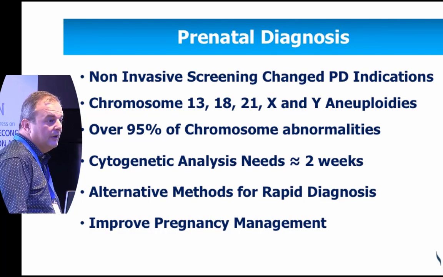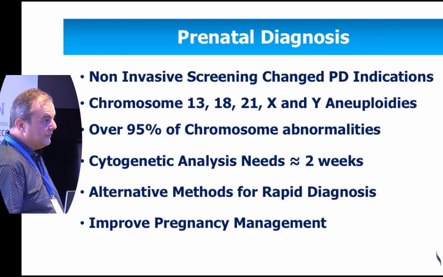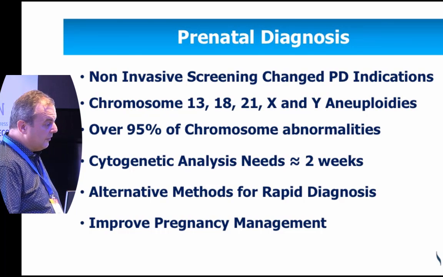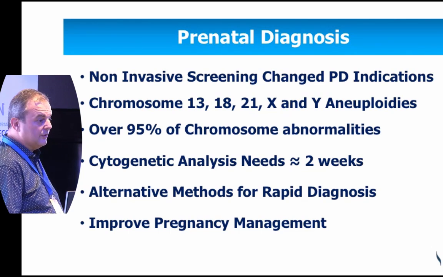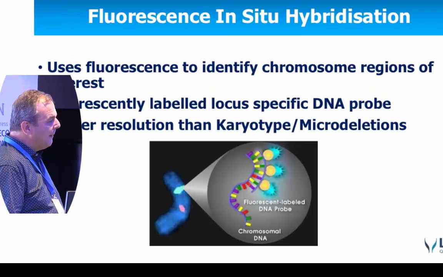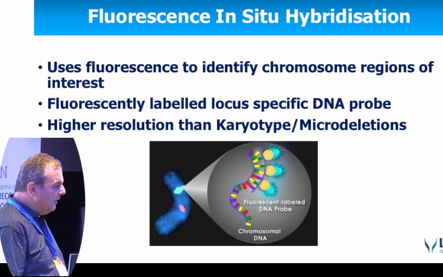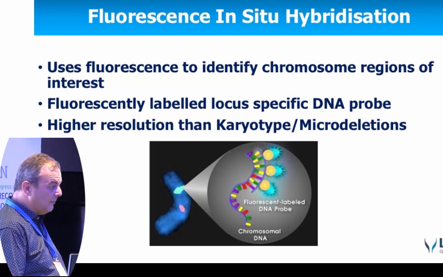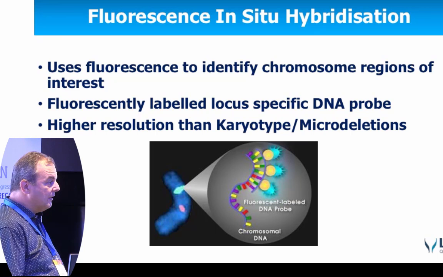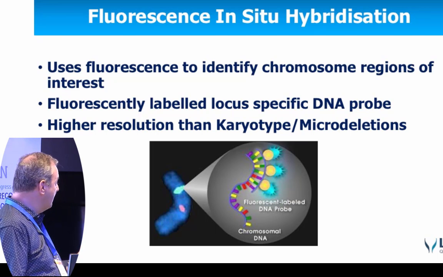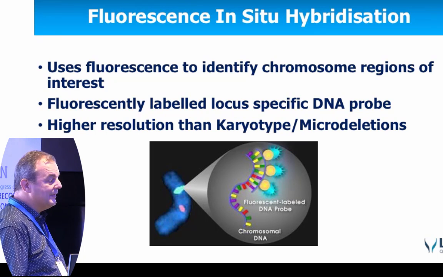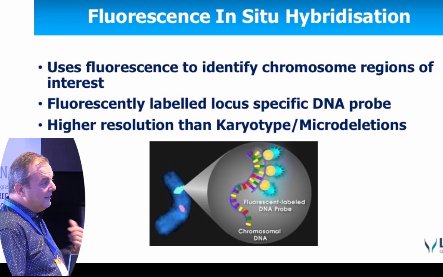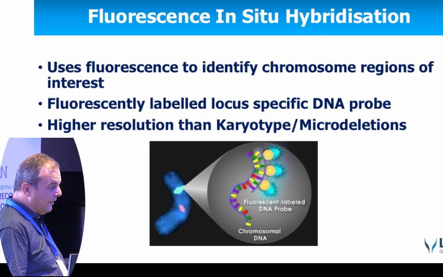This prompted, in the 90s first and then later on, the use of alternative molecular methods for rapid prenatal diagnosis, improving prenatal management. The first one was fluorescence in situ hybridization. This basically utilizes bits of chromosomes labeled with different fluorescent dyes, so you can identify chromosome-specific regions.